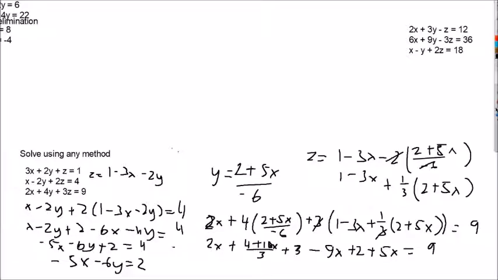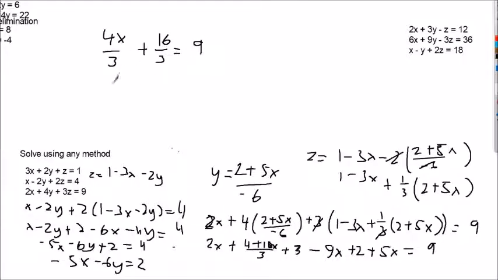To erase those, we have 2x minus 9x is minus 7x plus 5x is minus 2x plus 10x over 3 is 4x over 3. We have 4/3 plus 3, which is 13/3, plus 2, which is 16/3, equals 9.